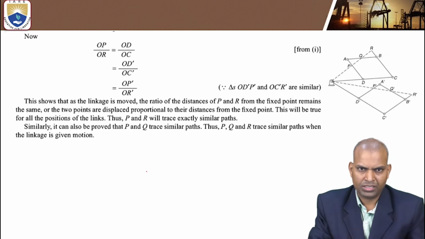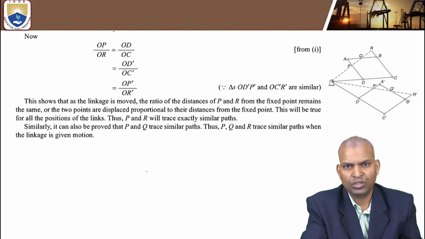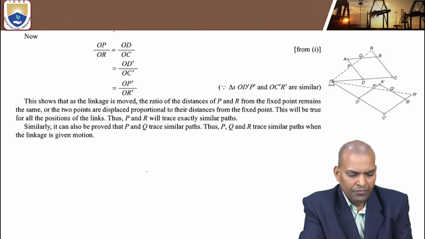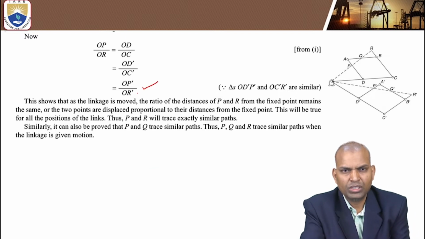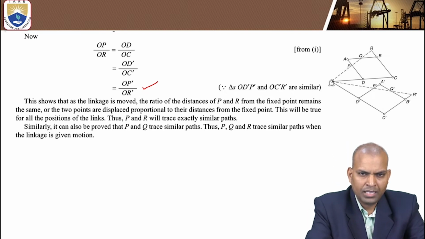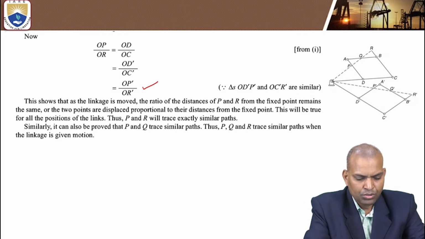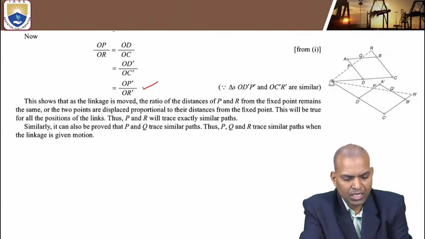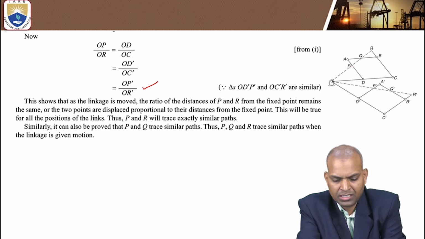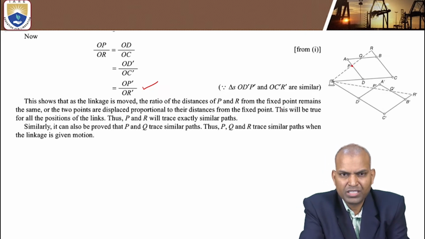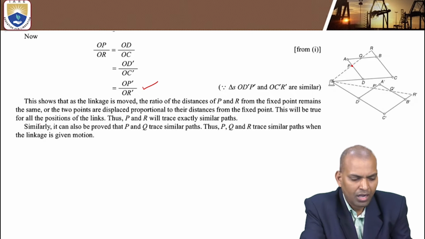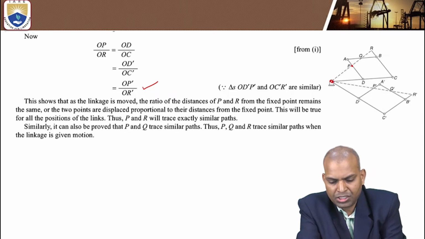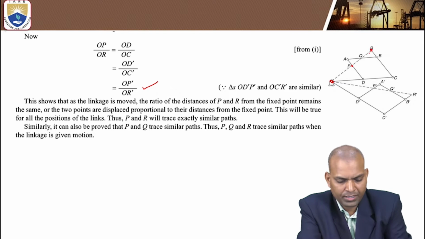Now, the final conclusion: how can we know that this is a straight line? The ratios remain the same both in the initial position and in the final position. So the linkage is such that the ratio of the distances of P and R from the fixed point remains the same, or the two points are displaced proportional to their distances from the fixed point.